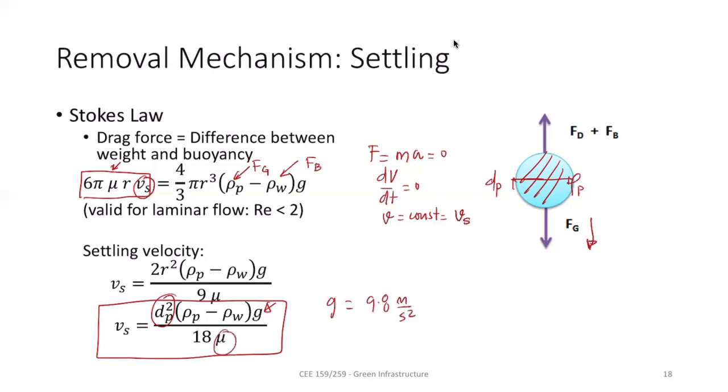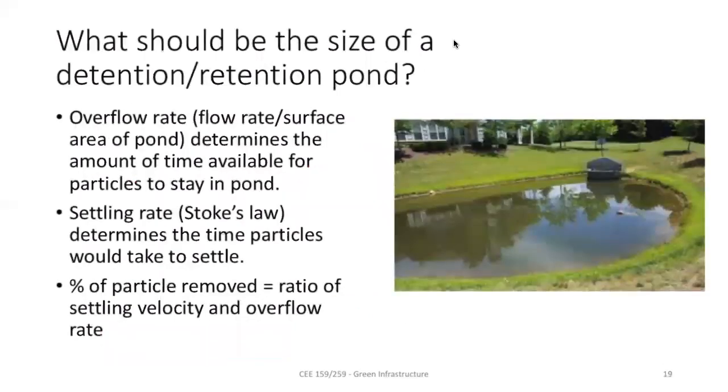And then you have the viscosity of stormwater. If you have viscous stormwater, it will take longer to settle. So if you increase viscosity, it decreases the settling velocity. You'll use this equation to calculate the settling velocity and the percentage removal.